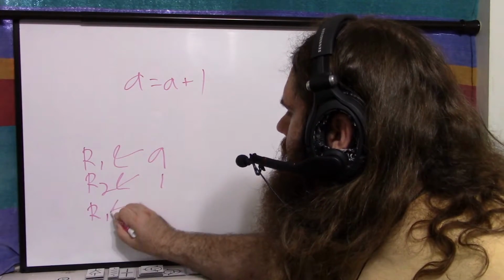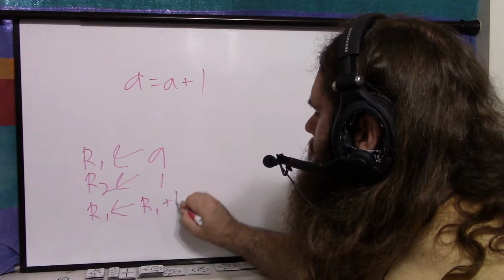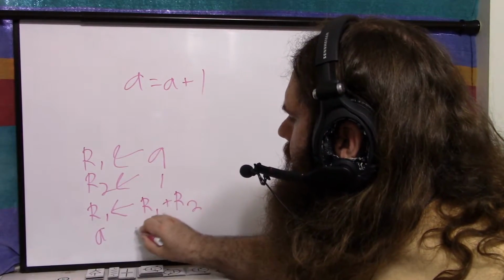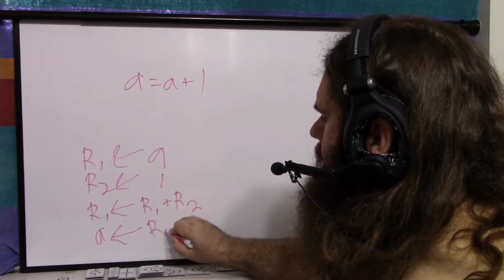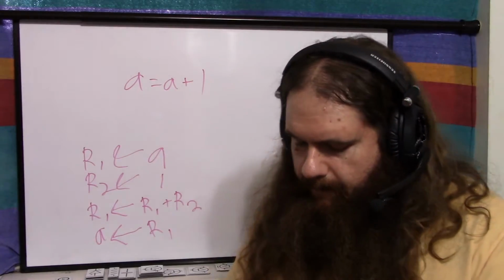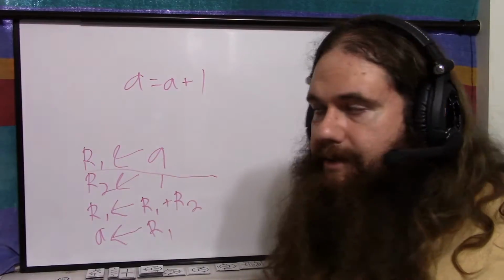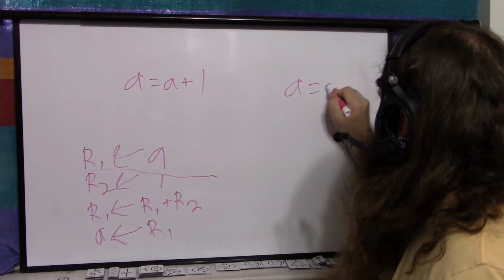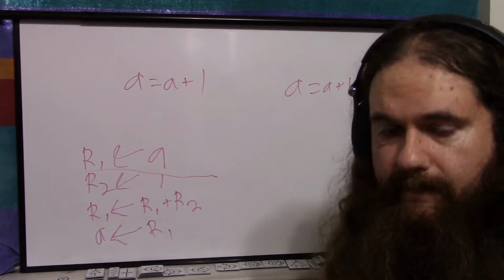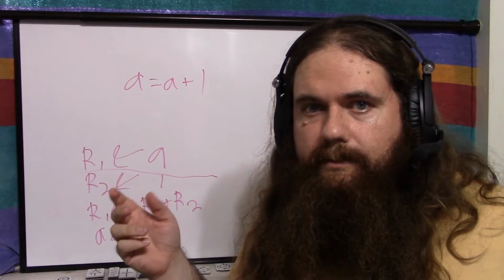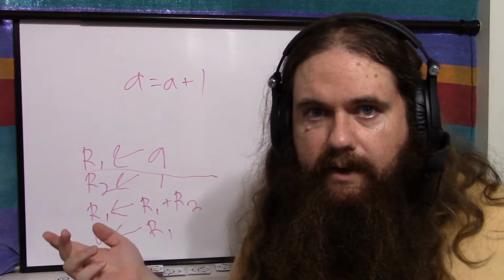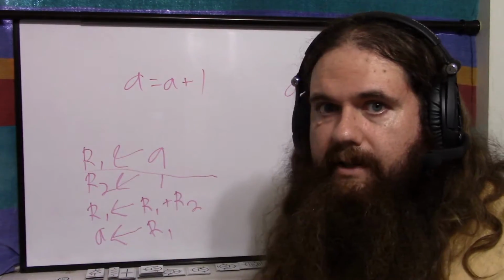Register 1 gets register 1 plus register 2, and A gets the value of register 1 back. That might be your machine code. What if A changes? Because you've got another thread doing A equals A plus 1 at the same time. If you're processing 1,000 items, why not spin off 2 threads and each do 500? And then they keep track of how many they've done, that's why.